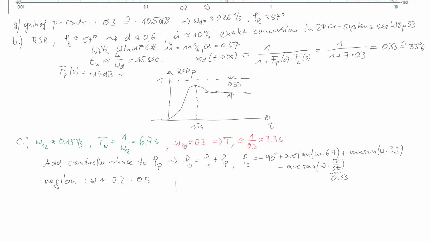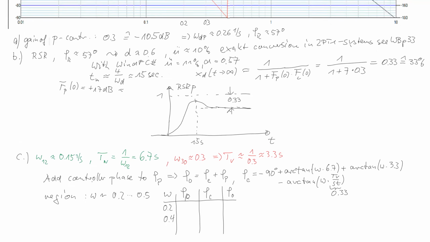So we make a table with some values of omega, say 0.2 and 0.4, calculate phi c, read phi p, and the addition is phi o, and check where phi o is lying, and then we can check if we need another point to calculate.